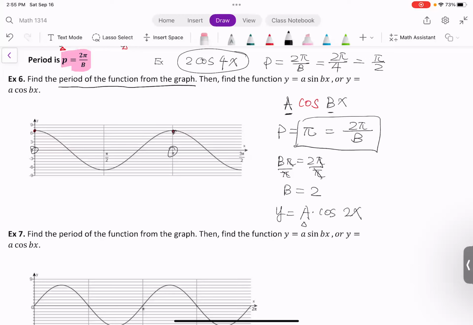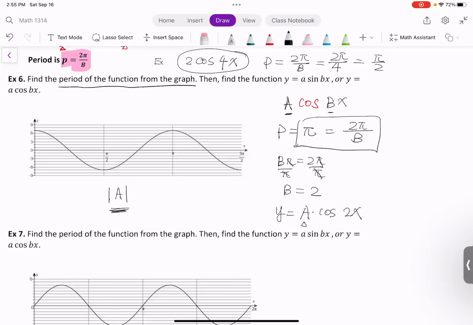I don't know the a. How to find the a? We mentioned this a couple of minutes ago. The absolute value of a is the amplitude. So the maximum and minimum of the function depend on the amplitude.